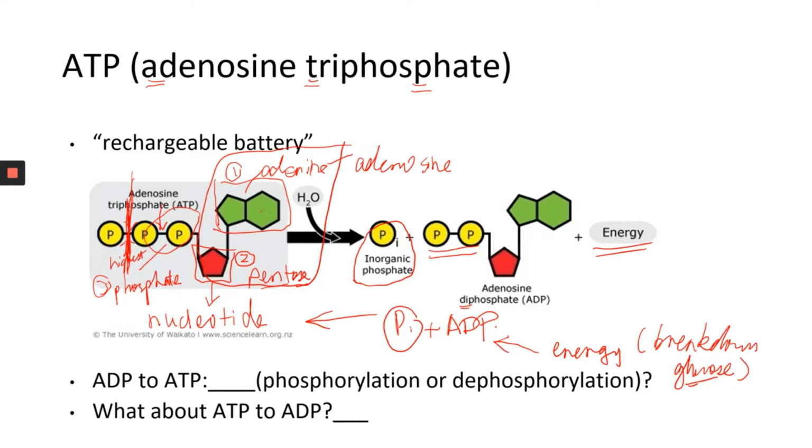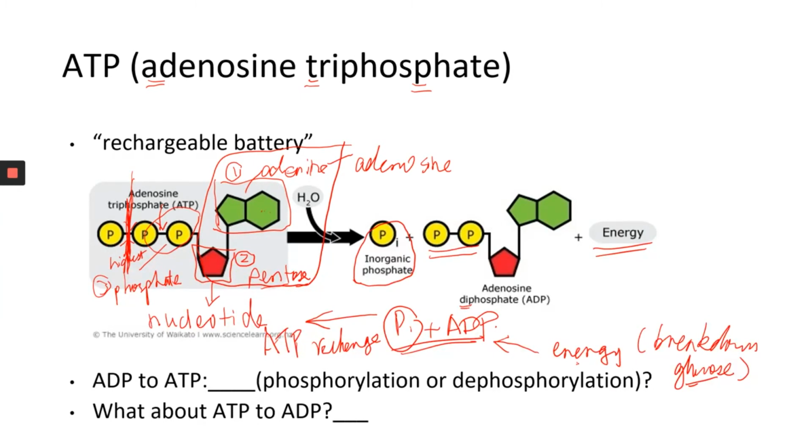And then the cell can harvest that energy, capture that energy, and use this energy and the raw material to make ATP. So that's kind of equivalent to recharging your battery, right? You're putting energy back into the battery, which is ATP.